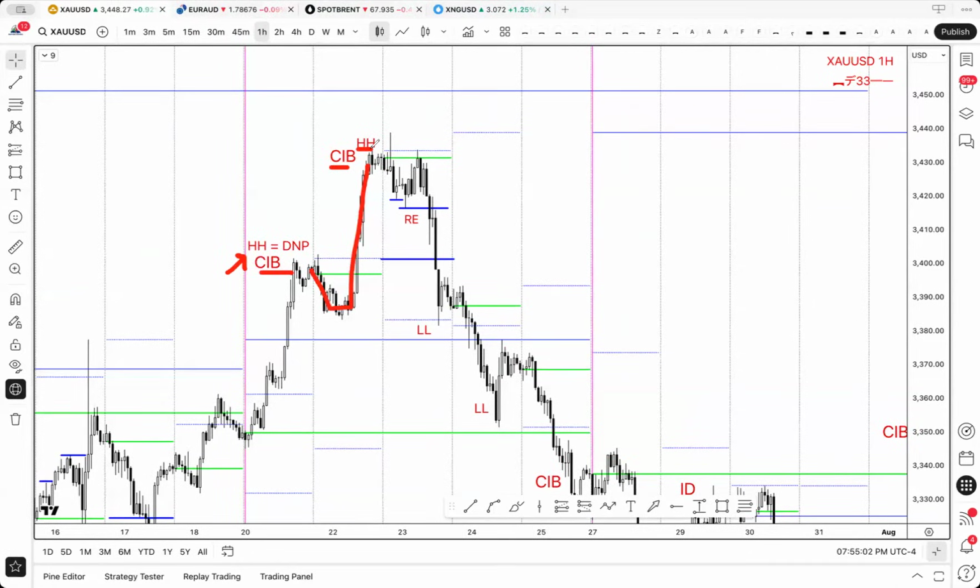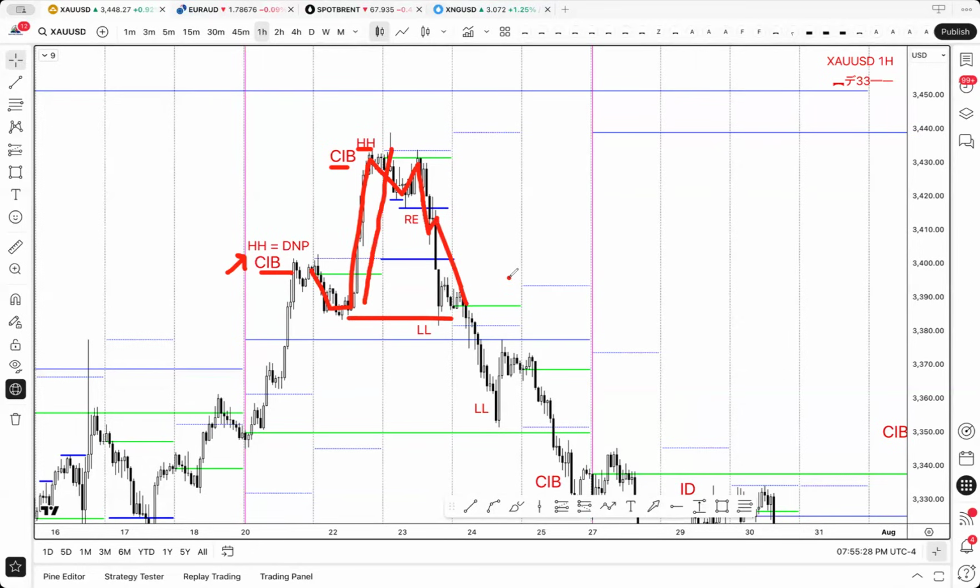But what ends up happening is they break out, they pull back, they fail to go higher. They give us lower lows on the inside, on the back side of the actual pump, and they reverse. So what is this?